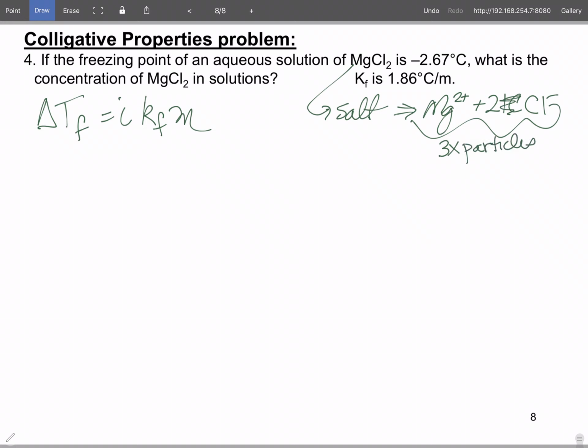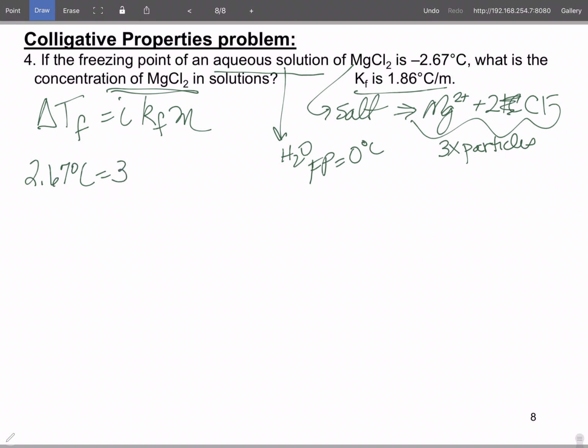So when we look at this, we're trying to find the original concentration, so we actually want the molality. So we're doing this in an aqueous solution. That means aqueous is water. So we know that the freezing point of water is equal to 0 degrees C, and our K sub F is given. So we'll know that the delta T here is going to be 2.67 degrees C. Our i on this one will not be 1 like we've been doing.